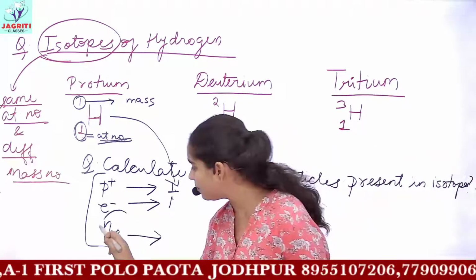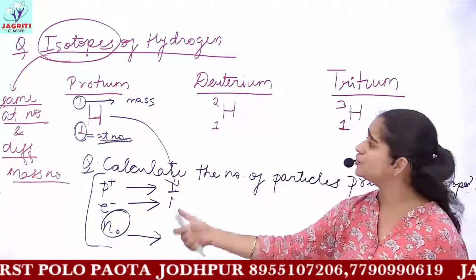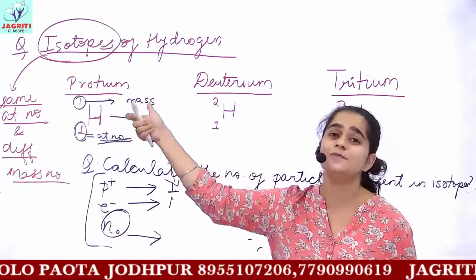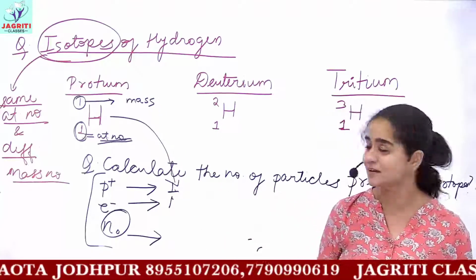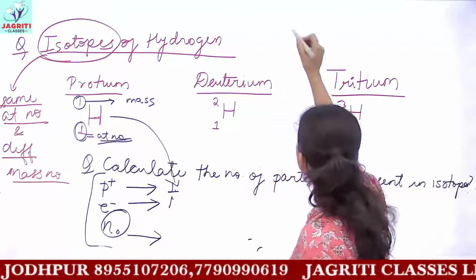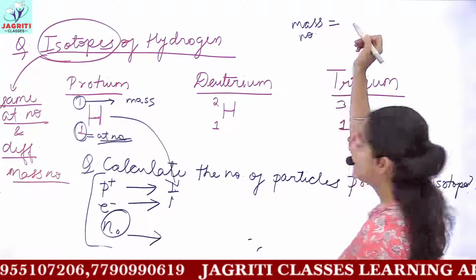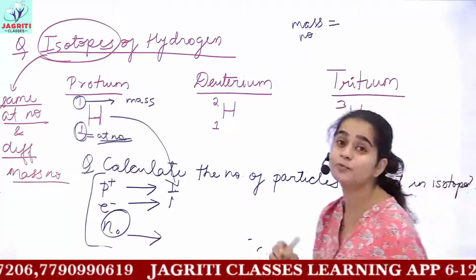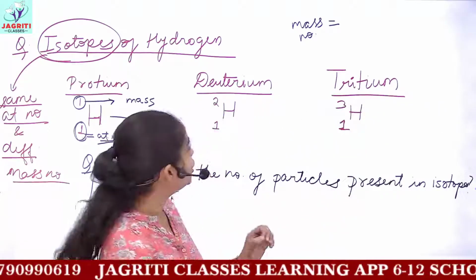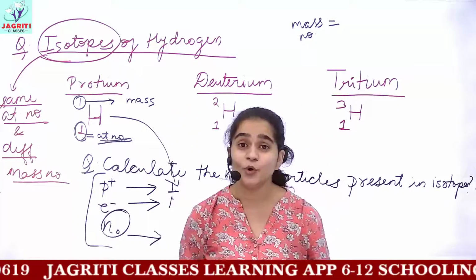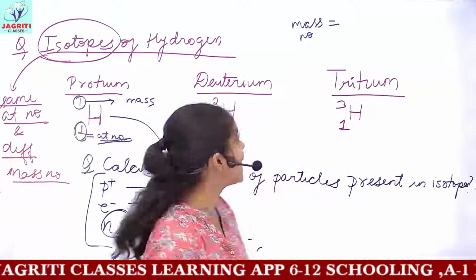Now talking about neutrons, can you calculate how many neutrons you have in this protium isotope of hydrogen? As we calculated in the last classes, mass number is equal to the sum of protons and neutrons, or you can say mass number is equal to the nucleons present in the atom.